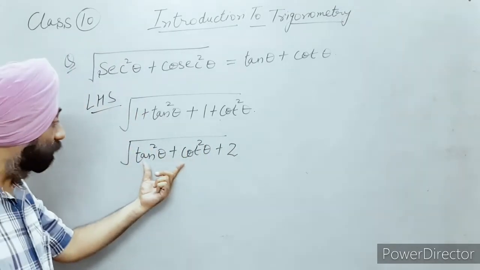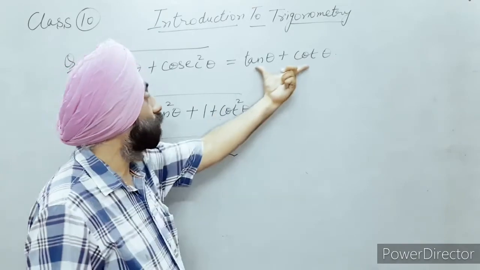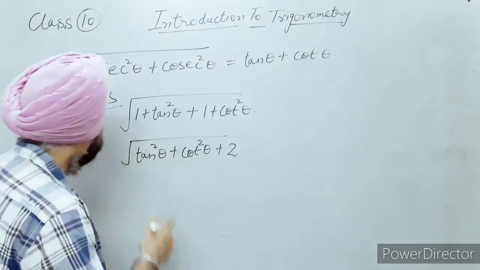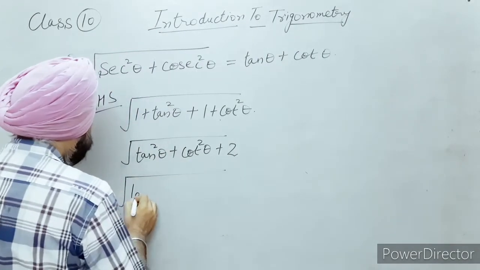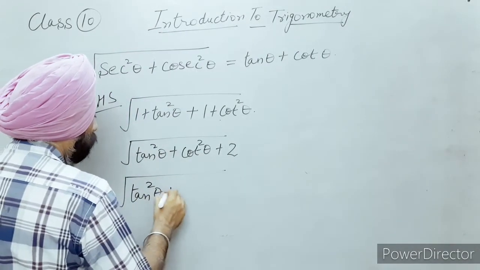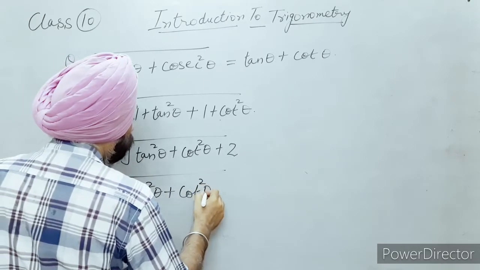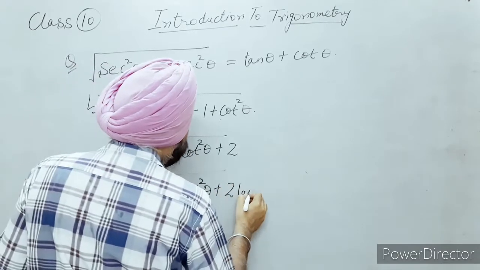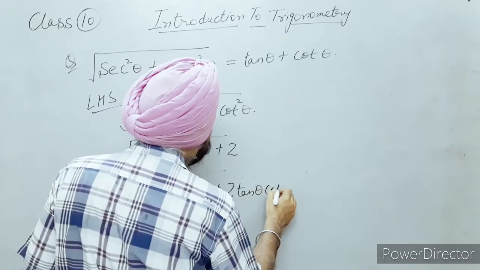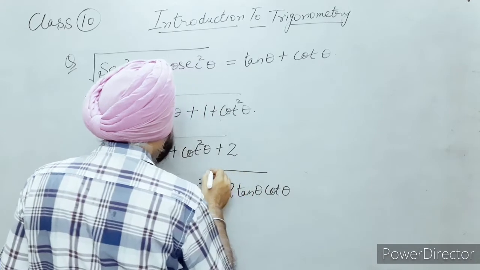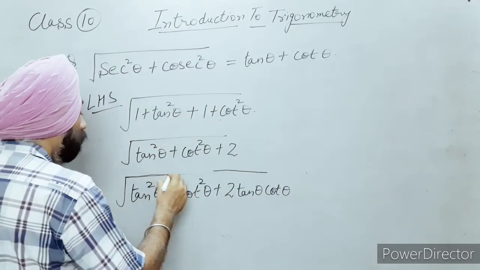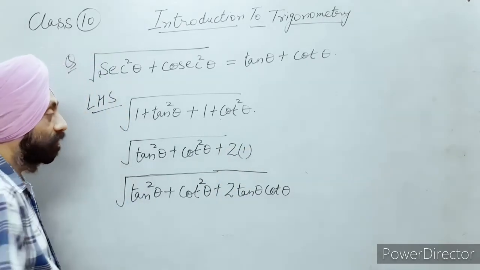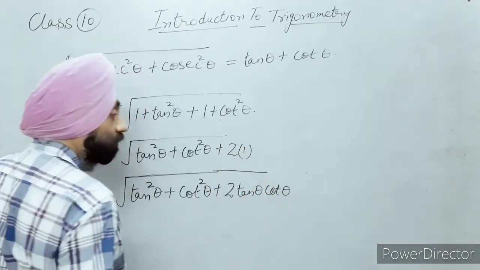Now how can I convert this into the right hand side? It's very simple. It's tan squared theta plus cot squared theta plus 2. I know tan theta into cot theta is 1. The 2 is 2 multiplied by 1, so I write 2 into 1, and in place of 1 I write tan theta into cot theta.